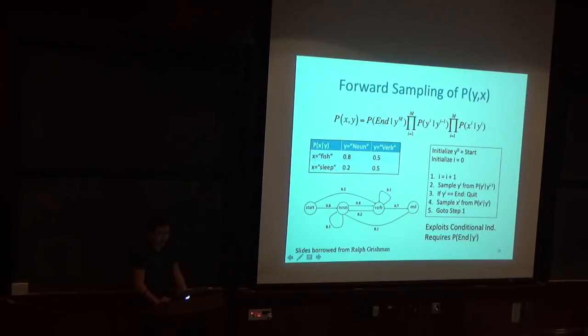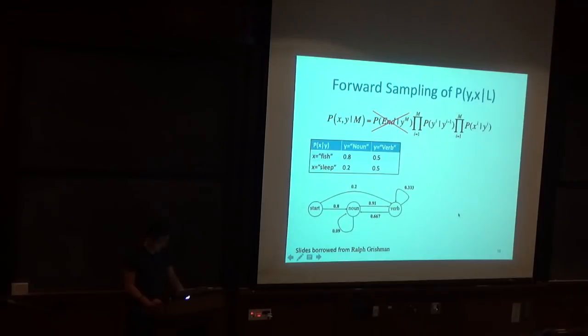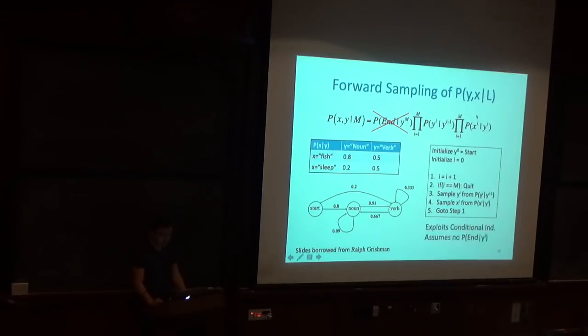Otherwise, we sample x_i from P of x_i given y_i, and then we repeat this process until we, at some point, reach the end state. And that's how one would sample from this distribution in the full joint setting. Sometimes people don't use the end state, because they fix a length. So if the length is 10, they just prefix it.